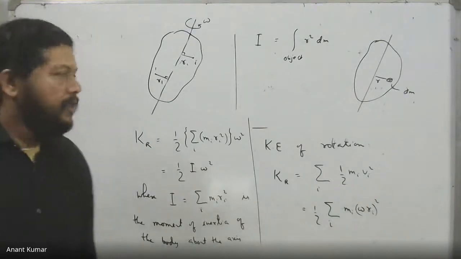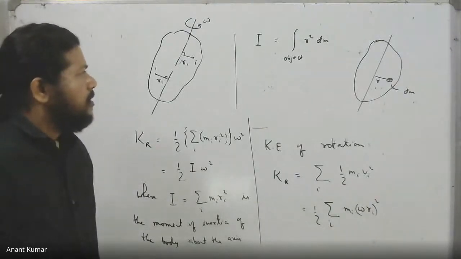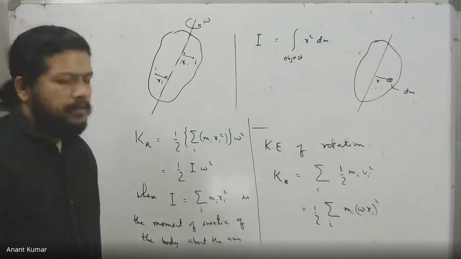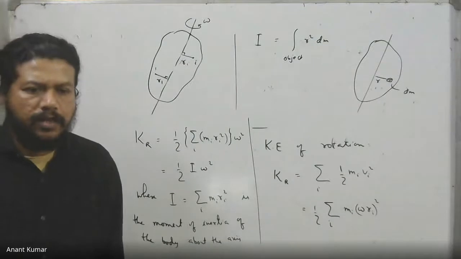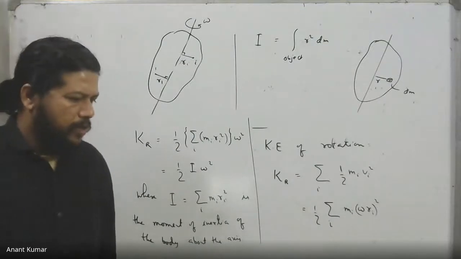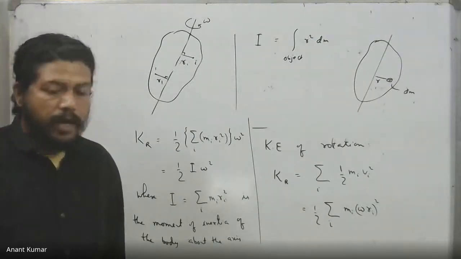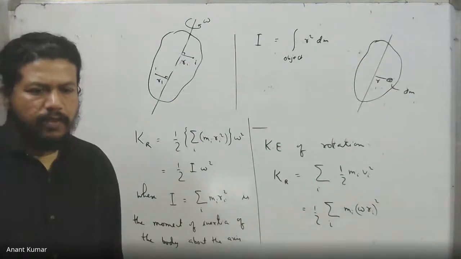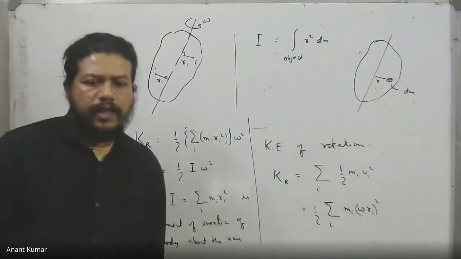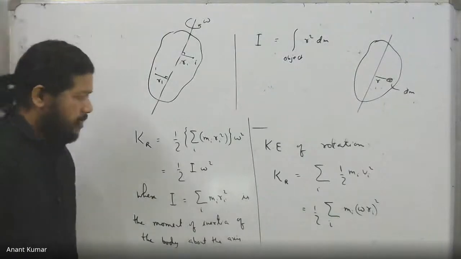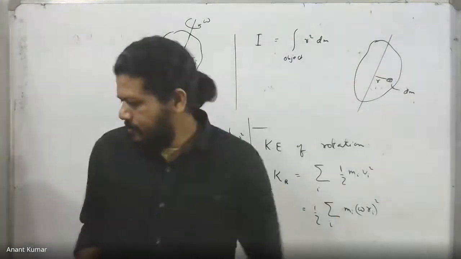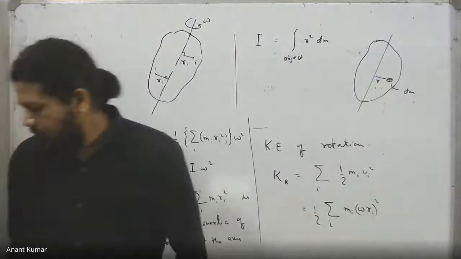As I was saying, the moment of inertia depends not only on the mass but also on the distribution. We can obviously have the same mass but different moment of inertia when the mass is distributed in a different fashion. Okay. So let's spend some time on this moment of inertia.